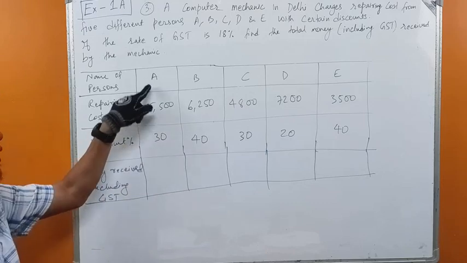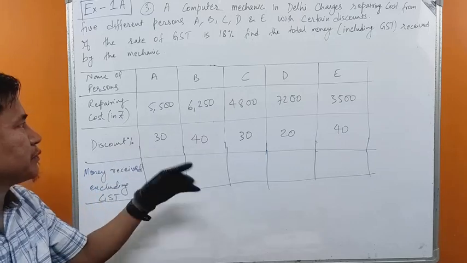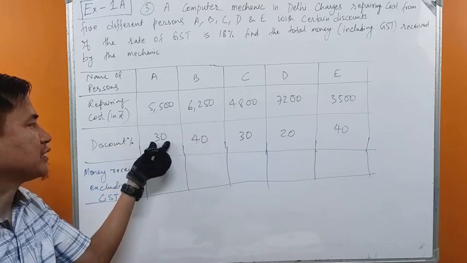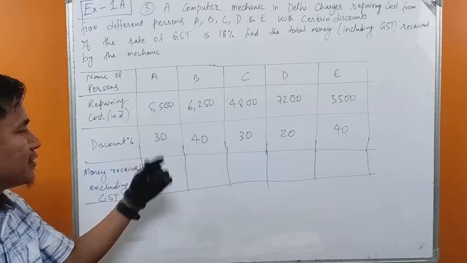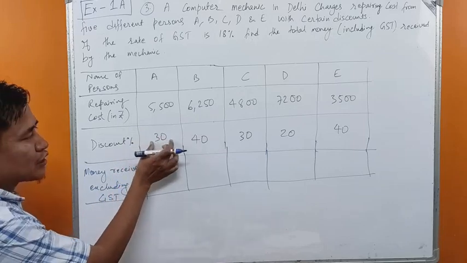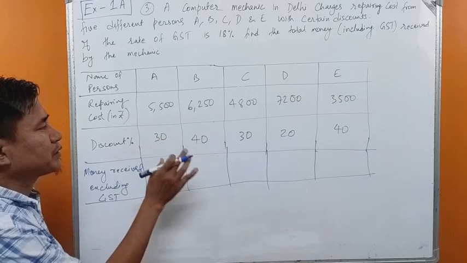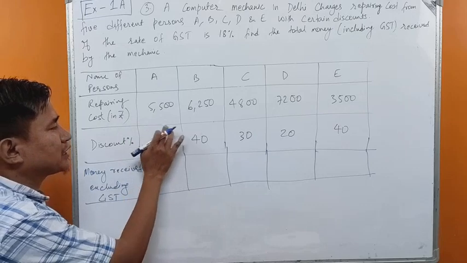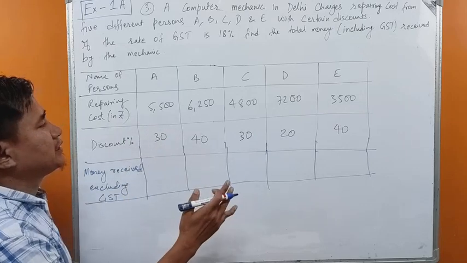So A needed to pay only 70% of 5,500 because he got a discount of 30%, isn't it? He got a discount of 30% out of 100%. He need not pay 30%. He needs to pay only 70%.